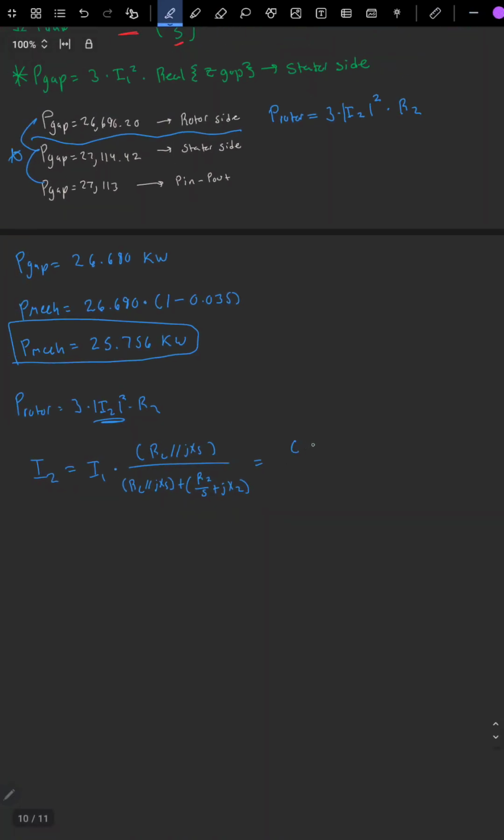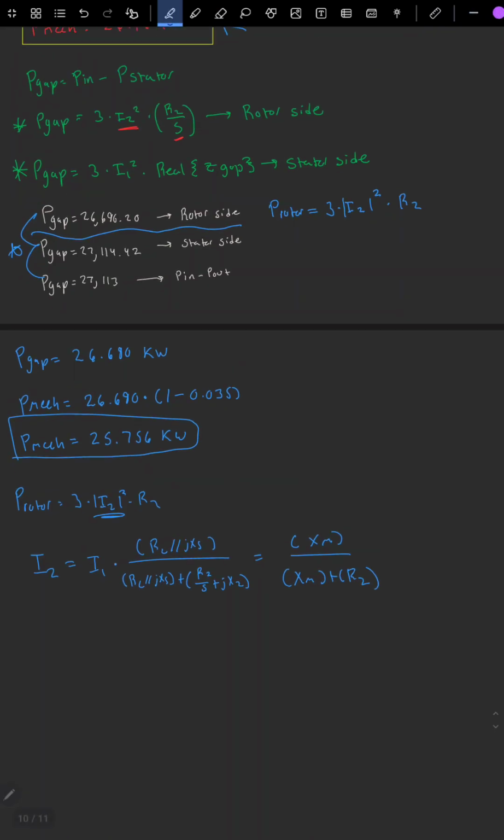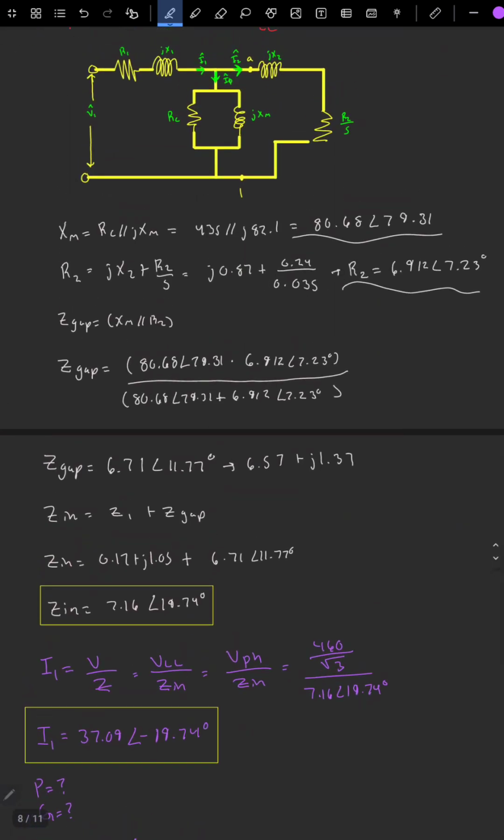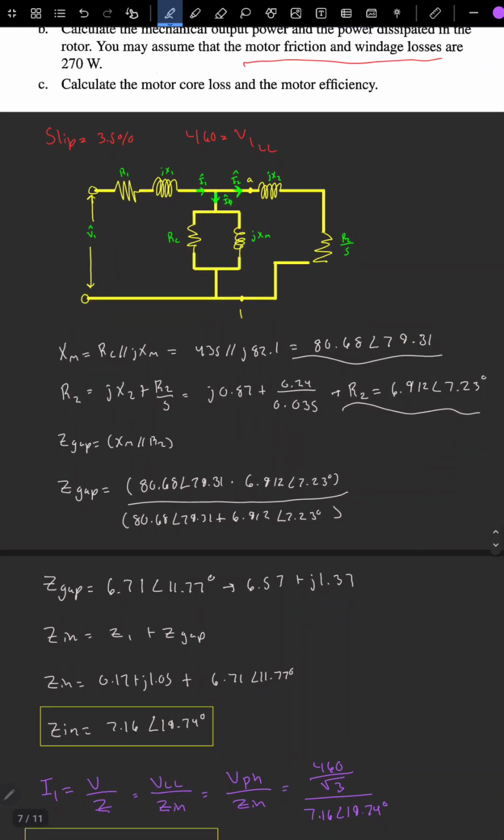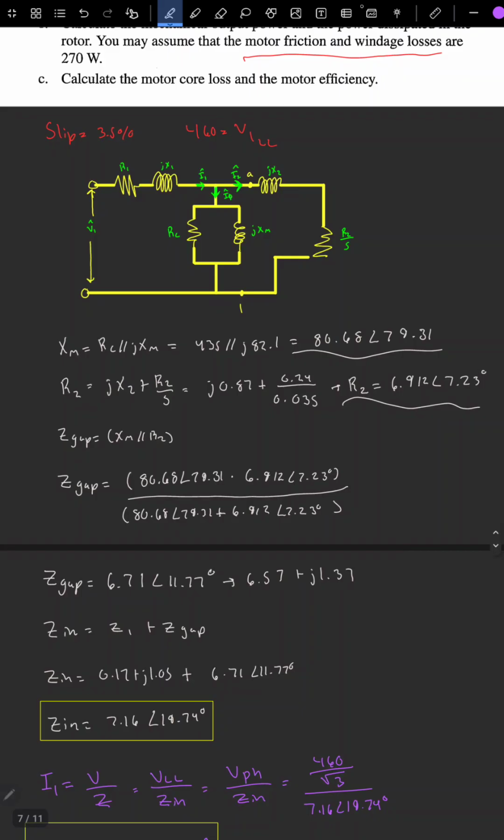So the total should just be XM over XM multiplied, plus R2. Because we're trying to find I2, which is this specific current. We have this current, so you could do current division.